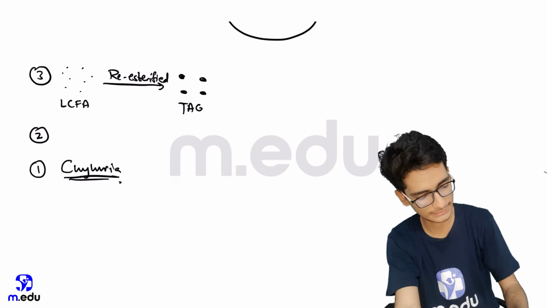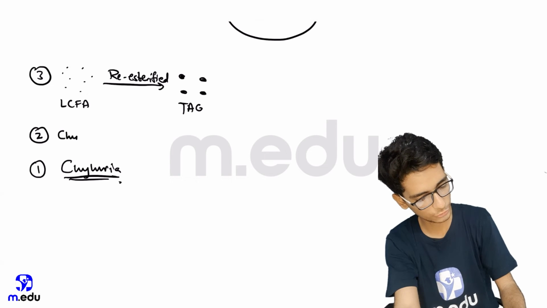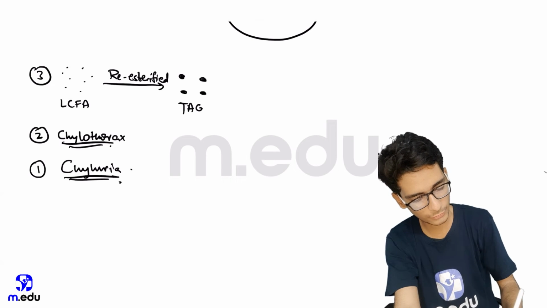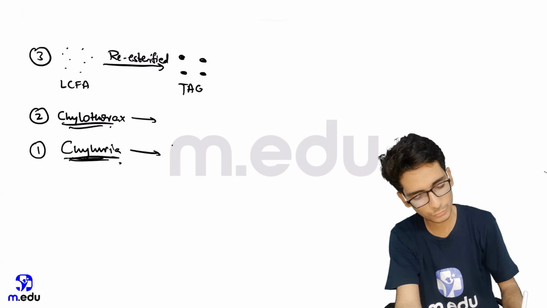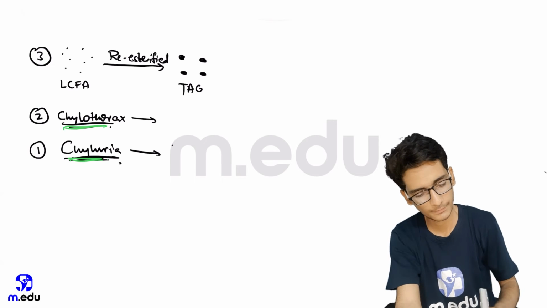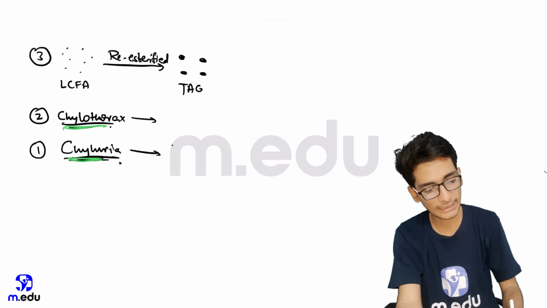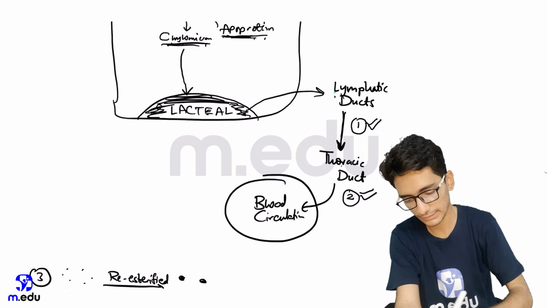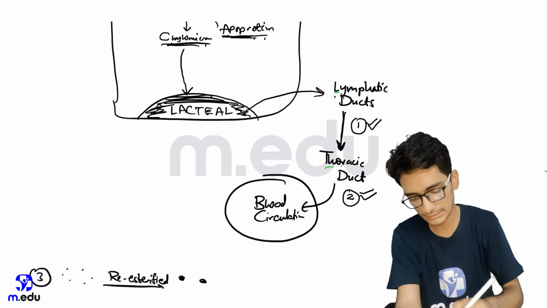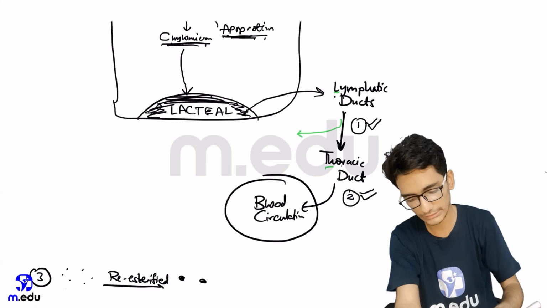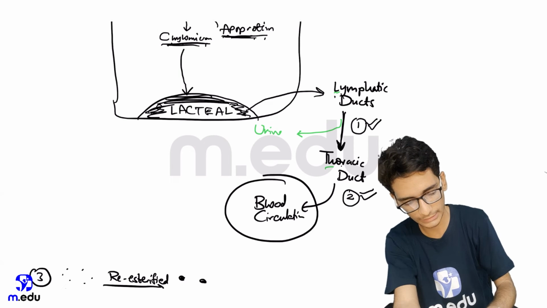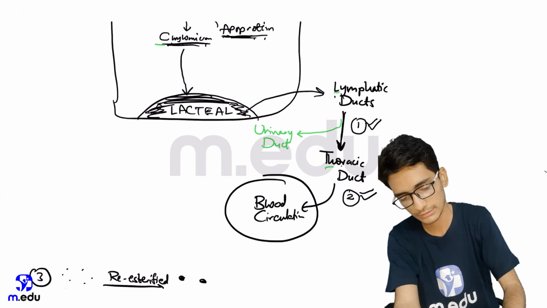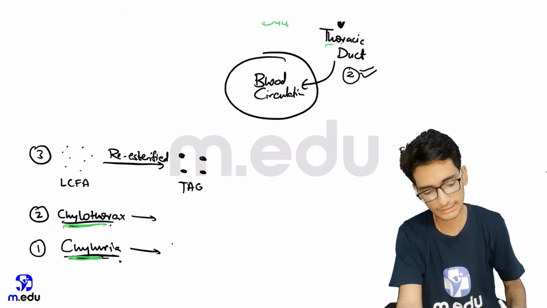The second is chylothorax. In the first, as the lymphatic duct passes on to form the thoracic duct, an accidental connection with the urinary duct can take place, which leads to chylomicron in urine, hence chyluria.